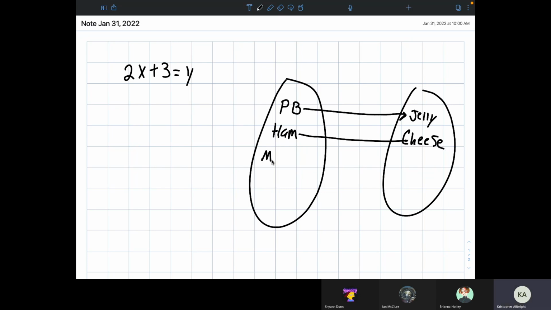If we do mustard, well, that's probably going to go with ham and cheese. Tomato. Well, I mean, that's definitely not going to go with jelly, but it could still go with ham. So all we do is just create a list of things that are related in some way. And then these lines kind of talk about the relationships.